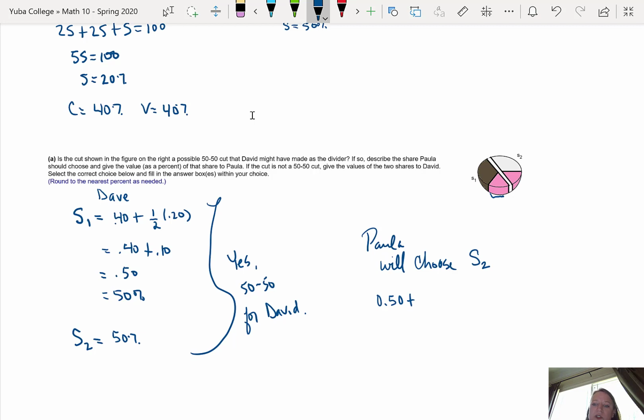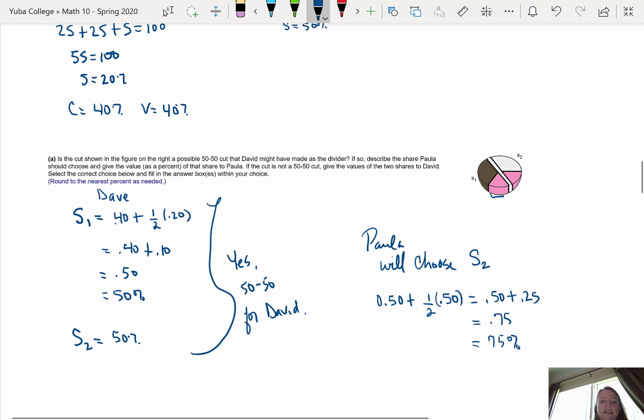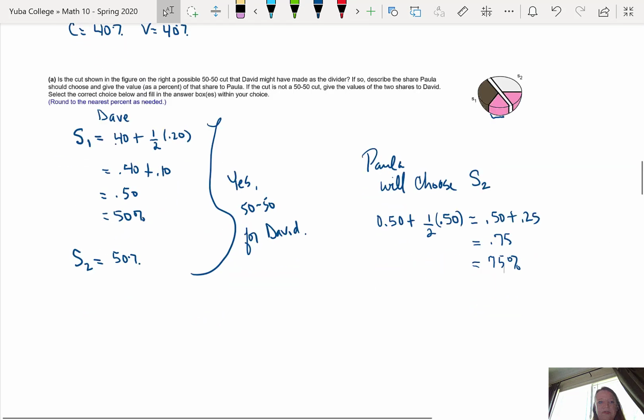All of the strawberry was worth 50%, but she's only getting half of the strawberry. So this is equal to 50%, 0.50, plus 25%, 0.25. This is 75%. So she definitely gets more than half of the share, and she's a happy camper.